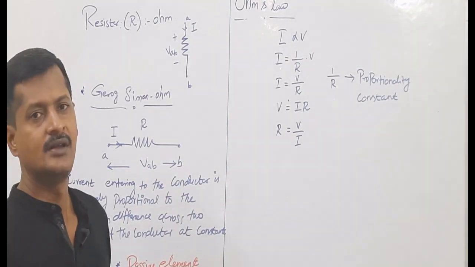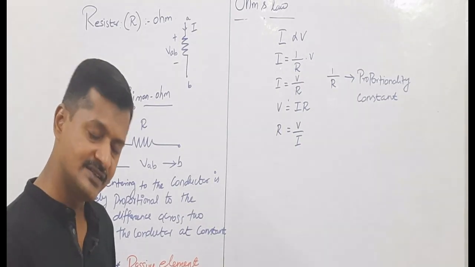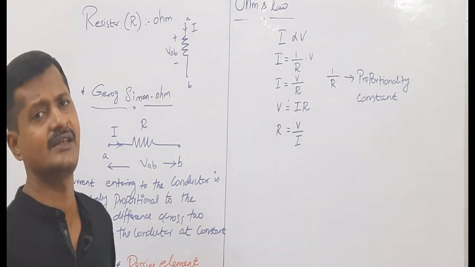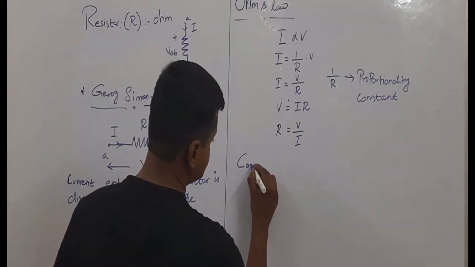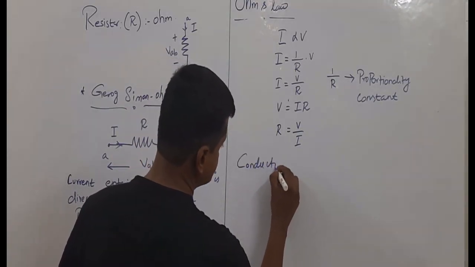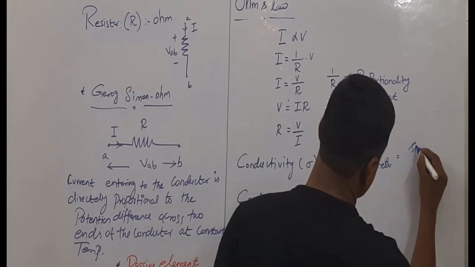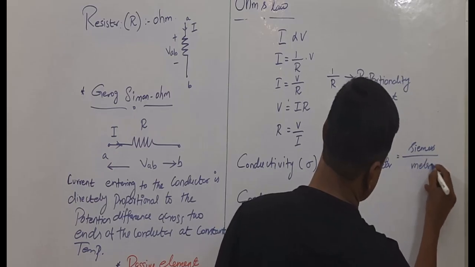In the same way that resistance has a resistive property, there is conductivity and conductance. Conductivity is measured in Siemens per meter.